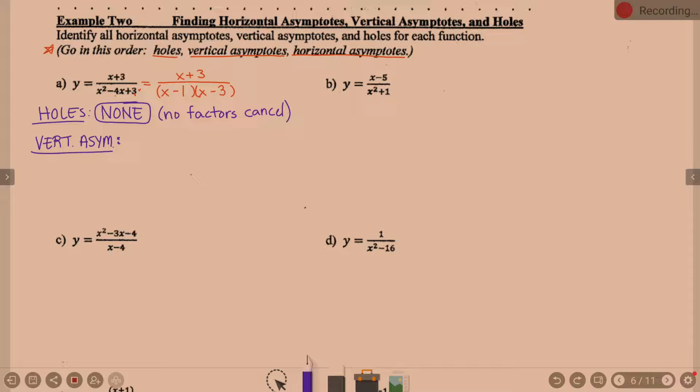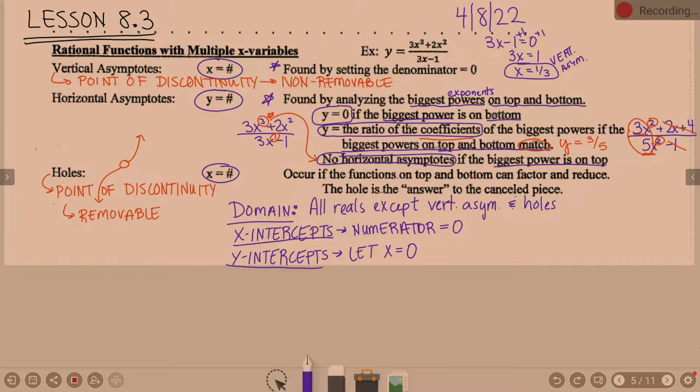Flip back to that front page of the notes. When I flip back to this front page of the notes, what did it say about vertical asymptotes? How do I find vertical asymptotes? Setting the denominator equal to 0.